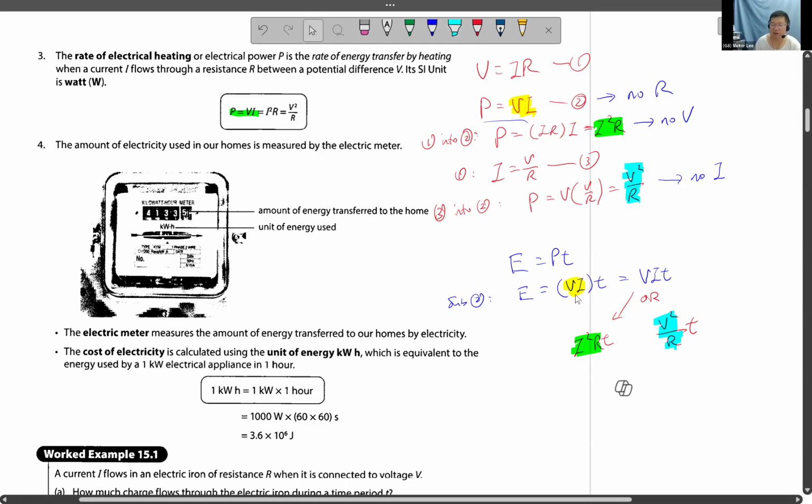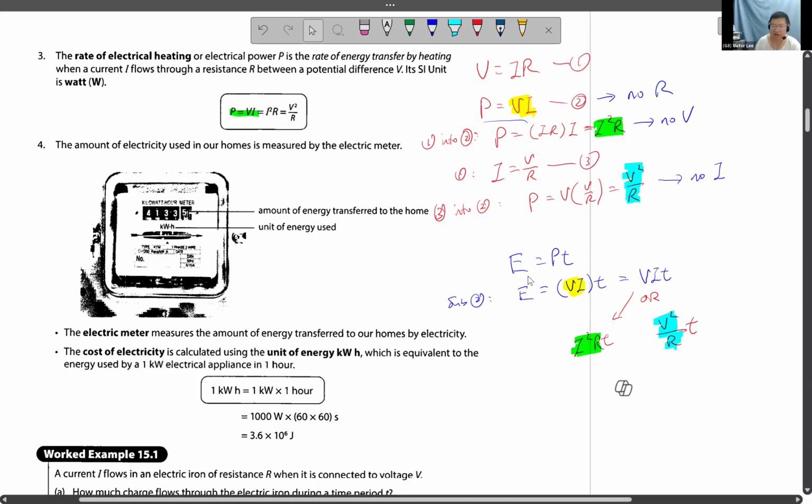But power can be VI, I square R, or V square over R, either of these 3. All of them are power. So if I don't have an I, I will use V squared over R times T. If I don't have a V, I use I squared R times T. Is that okay? All right.